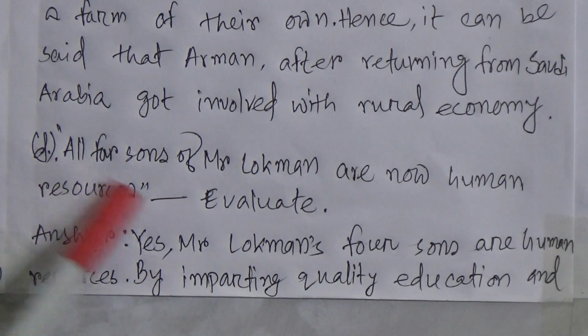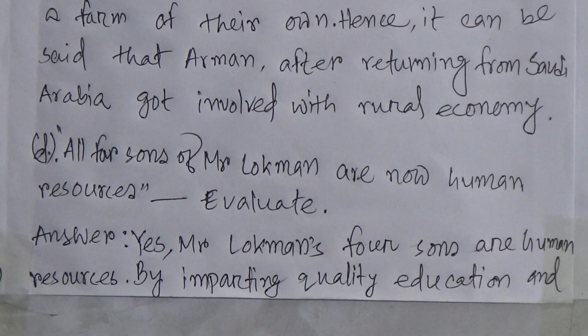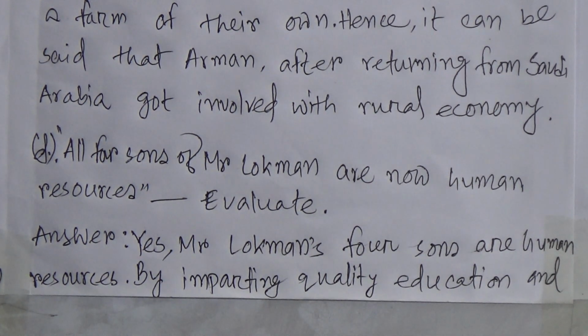All four sons of Mr. Lokman are now human resources. Evaluate. Students, from this STEM, you got that after returning from Saudi Arabia, Mr. Arman, that means Mr. Lokman's eldest son, along with his three brothers, made a farm, and they also got a training from horticulture center, and finally they succeeded by that farm.